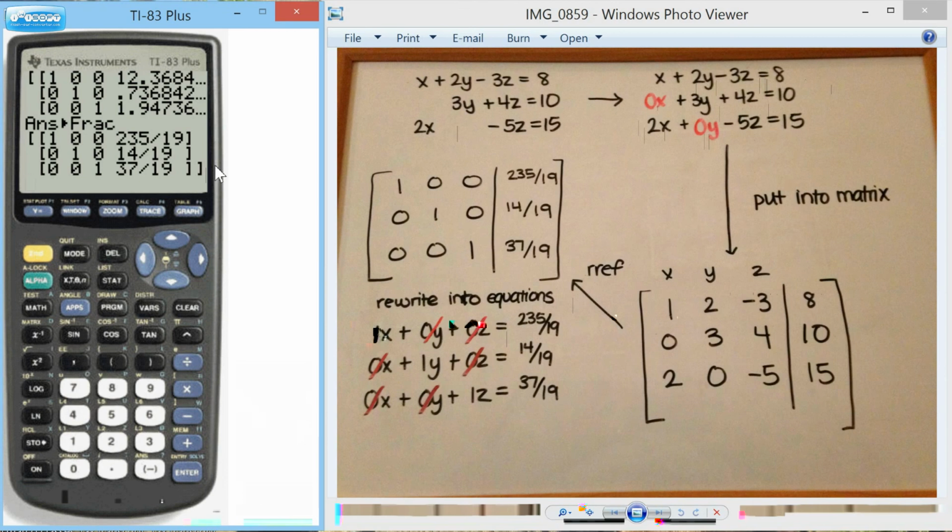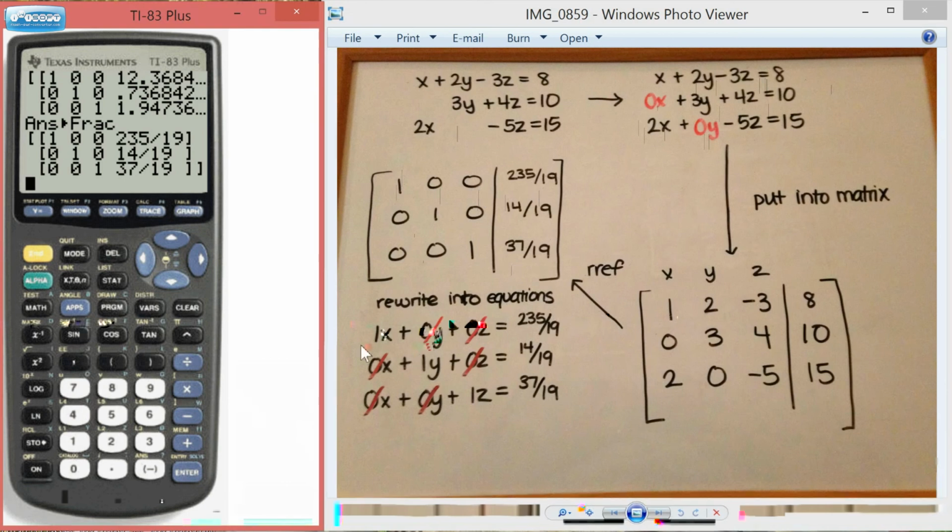And you see that on this picture I've written out what the answers are. And if you want to go by the book, do everything the correct way, you transcribe these back into equations with their variables. So you would say 1x plus 0y plus 0z is 235 over 19.